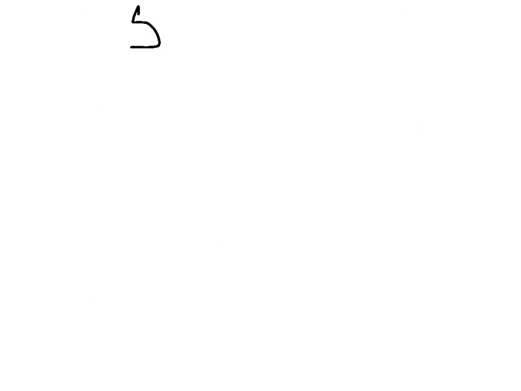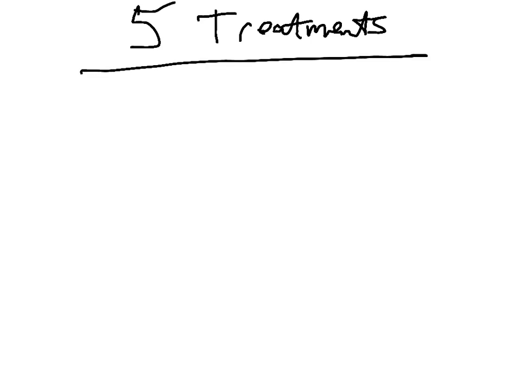So that was assessment of shock, and now we have 5 treatments. And you've already been doing some of these, and you'll just kind of do these naturally, but there's one that we tend to forget.